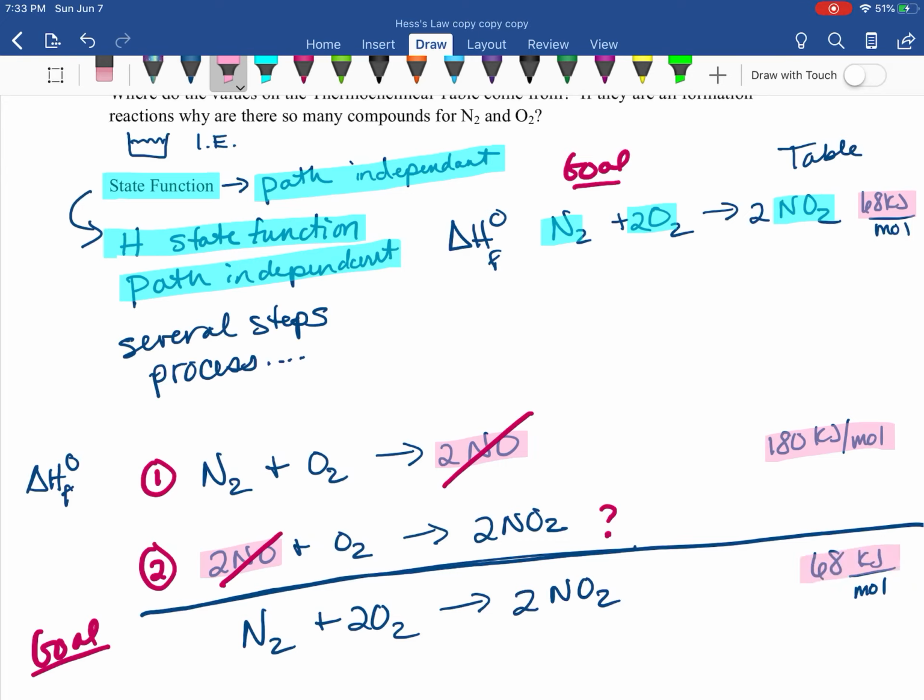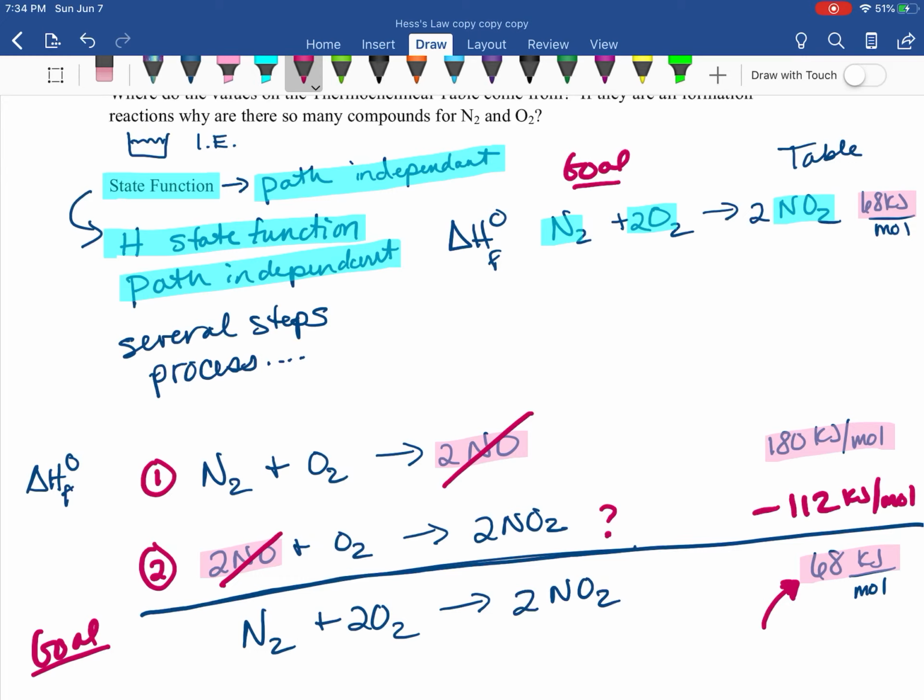Now, we already know this number from our table, but also where did that come from, or what is this middle number? These have to add up as well. So it turns out that this middle process has to be negative 112 so that our overall process gives this number.